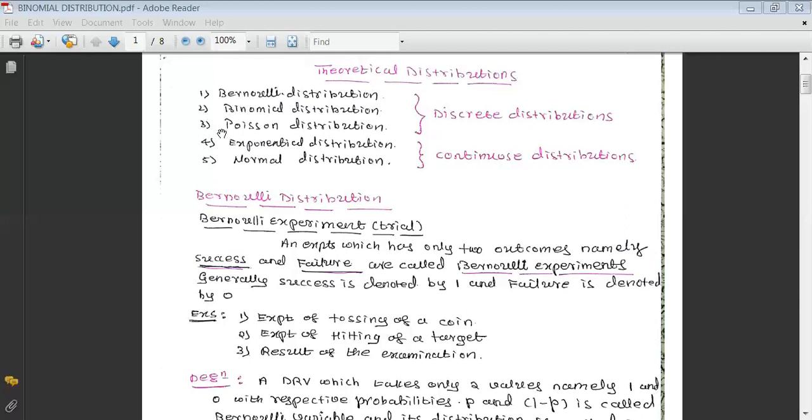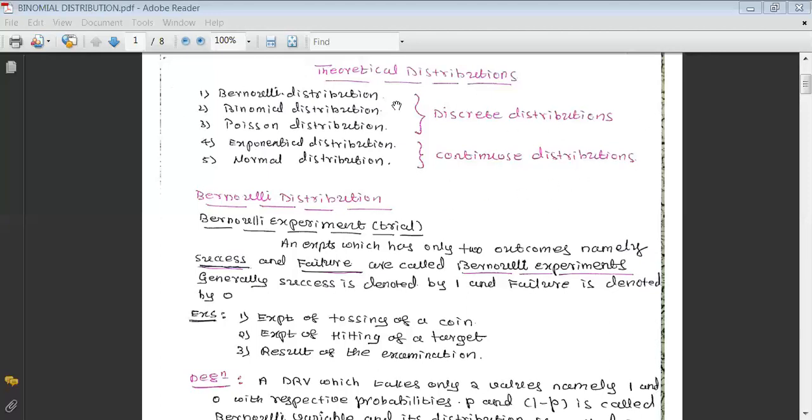In the first three cases, the variable is discrete in nature. That's why these three are referred to as discrete probability distributions. Whereas in the last two cases, the variable under consideration is continuous. That's why the last two distributions, namely exponential and normal distributions, are called continuous probability distributions.